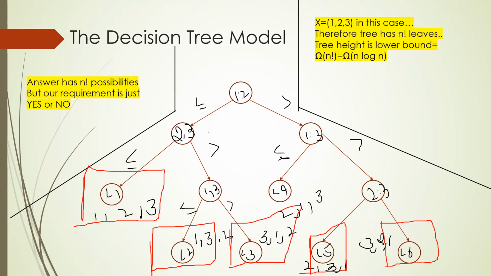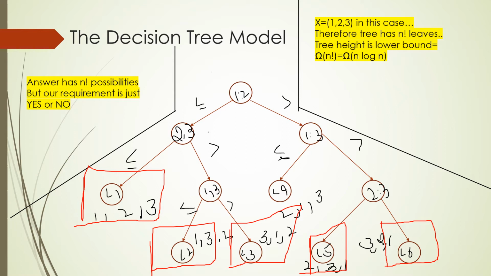We also know that the tree height is our lower bound for sorting, which is omega log n factorial, which is omega n log n. Every leaf will give you a different sorted output or a different iteration.